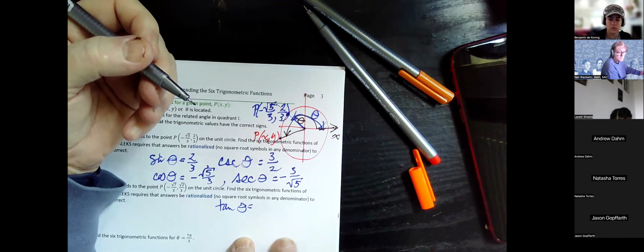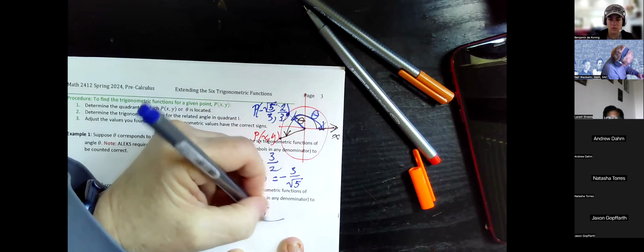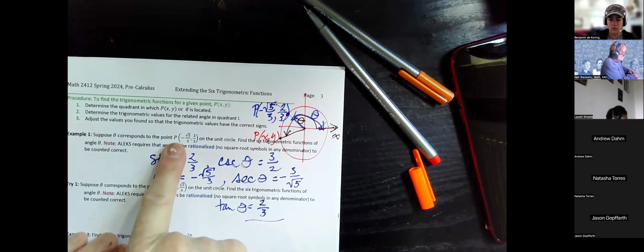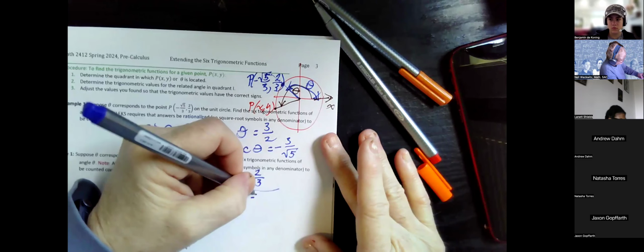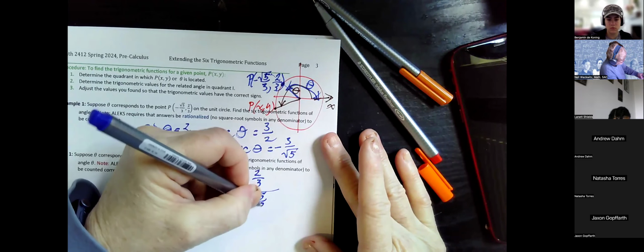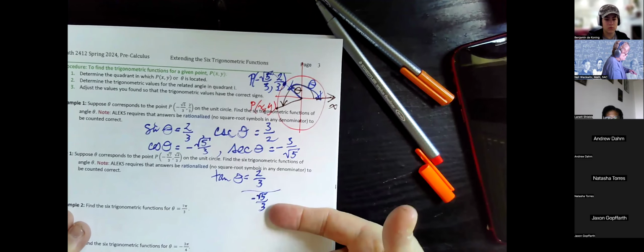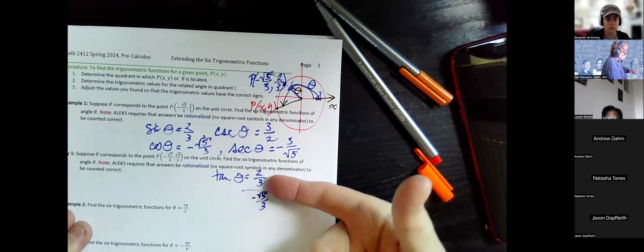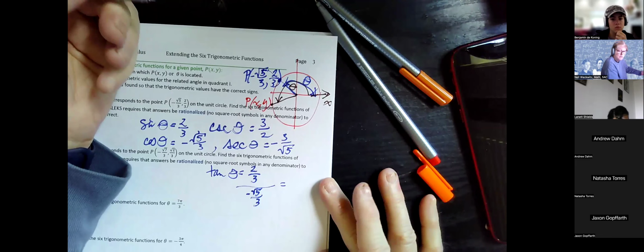Is it like 2/3 over 1? 2/3 over negative square root of 5 over 3, maybe? Oh, it's this one, because tangent is opposite over adjacent, or b over a, or y over x.